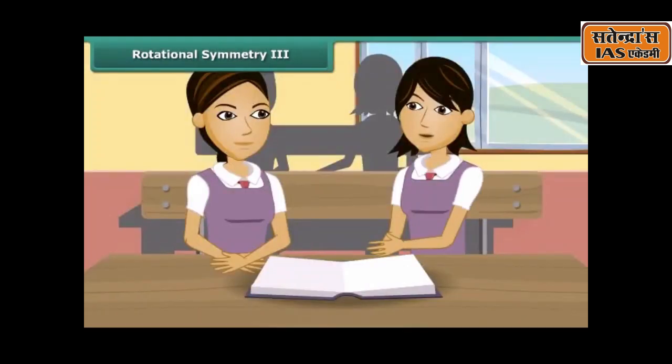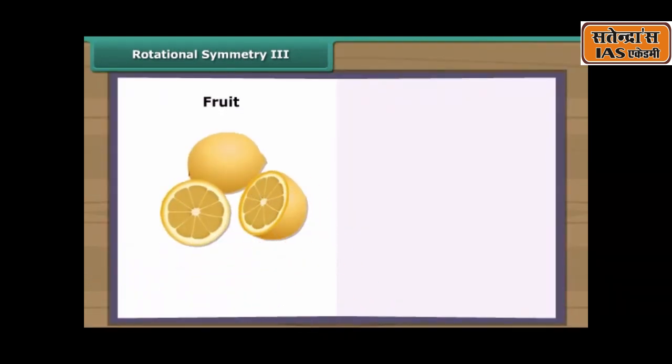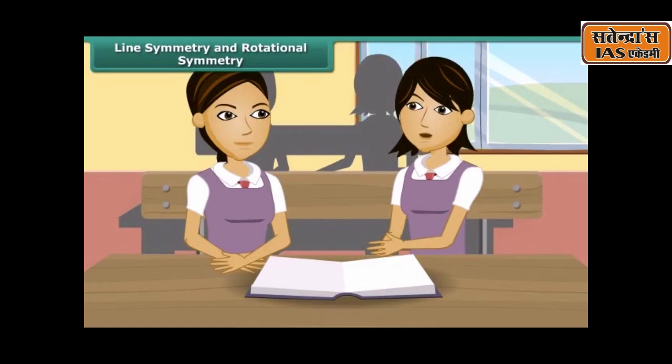Priya, can you tell the shapes around us which have rotational symmetry? Yes. When we slice certain fruits, the cross sections are shapes with rotational symmetry. There are many road signs that have rotational symmetry. Do you know which is the most perfect symmetrical figure? Is it the circle?